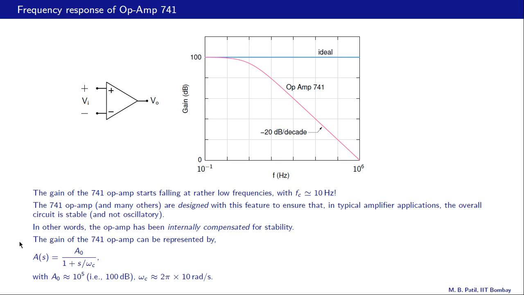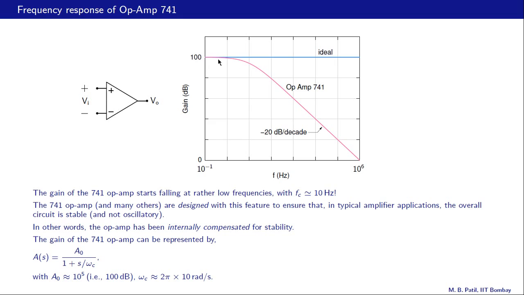The frequency response of the 741 op amp can be represented by this equation here. A of S or j omega equal to A0 divided by 1 plus S by omega C. And it is easy to figure out where this is coming from. This is our frequency response.